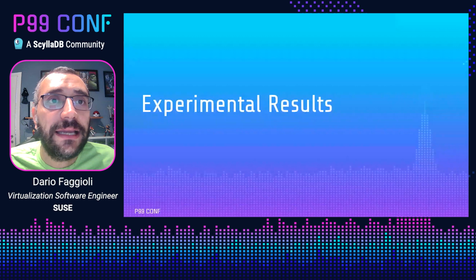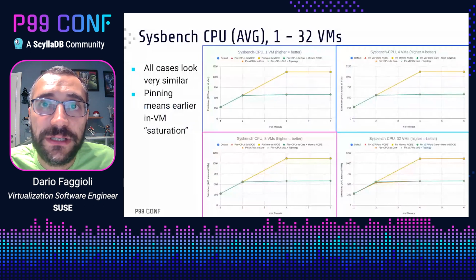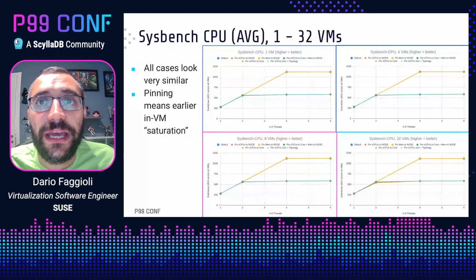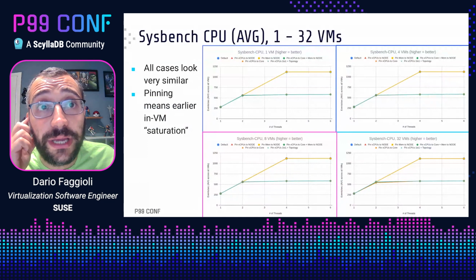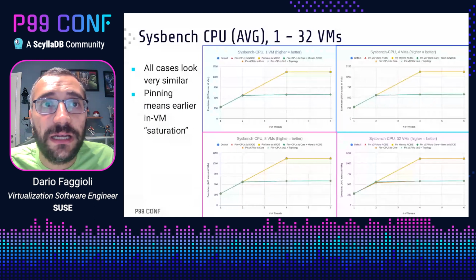So let's start with the results of Sysbench CPU. Each one of these plots is relative to a specific number of concurrently running VMs. And what is shown on the x-axis is the number of threads for the benchmark, so basically the load inside of the guests. Until the system is underloaded, all graphs are very similar.